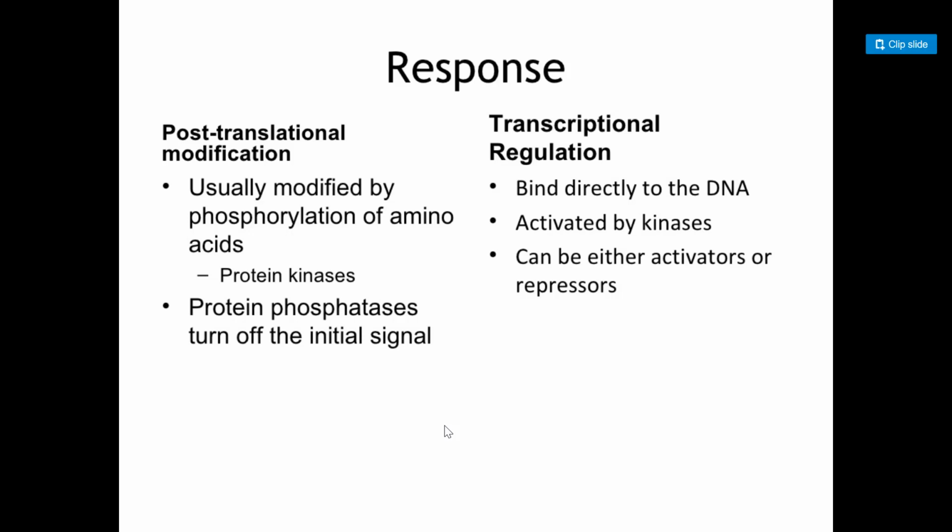So part of that response might be to transcribe an RNA that wasn't transcribed, so that you can have an RNA that can be translated into a new protein, yes? Or we could change the way that the polypeptide is modified after translation. Remember, we have these post-translational modifications where that protein has to be folded, maybe portions will get cut off, right? Do you remember talking about all this?